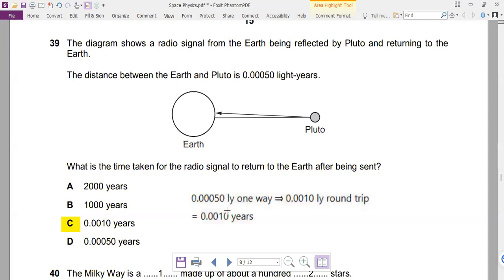If the distance is this much, it's going to go one way, covering this distance, and then come back. So it's going to take a round trip in this many light years.